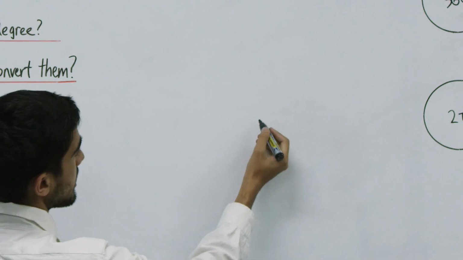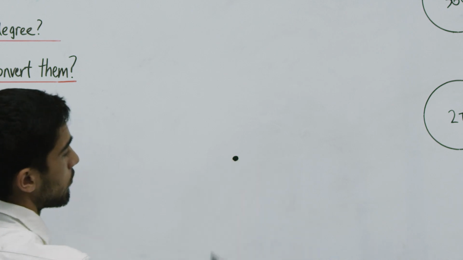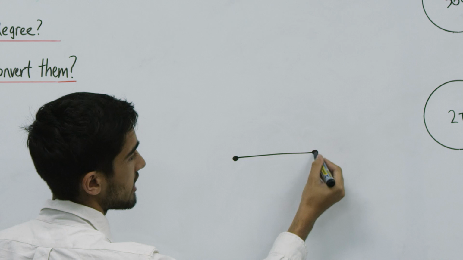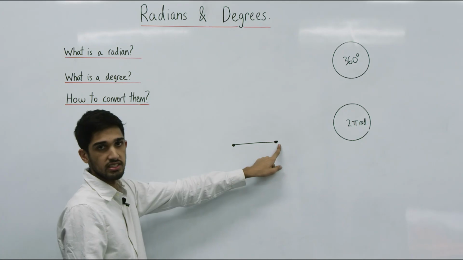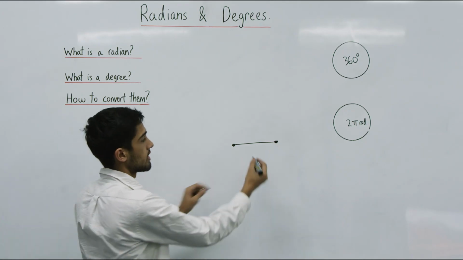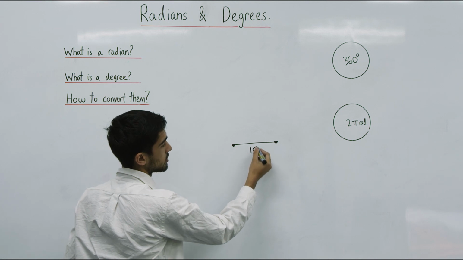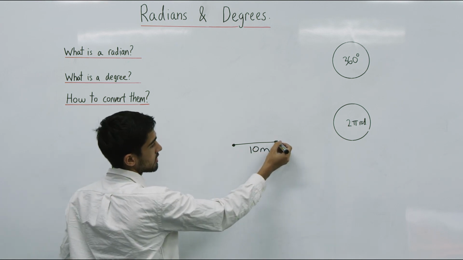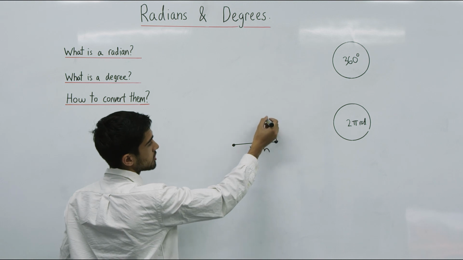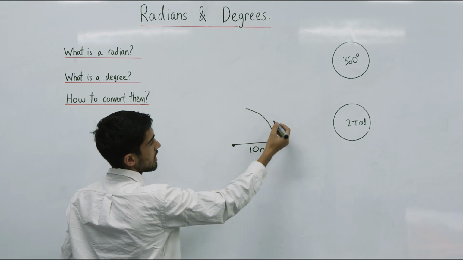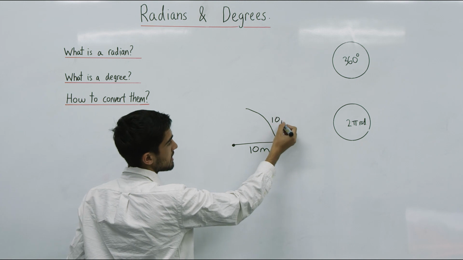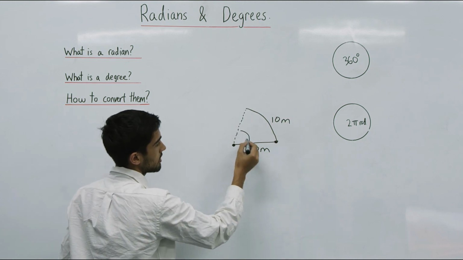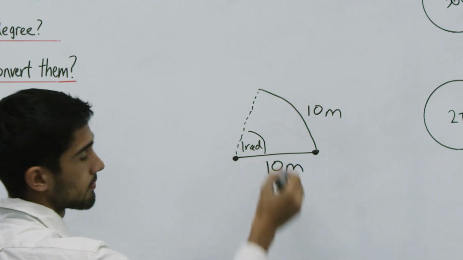To give another example, if I had a rope that is pinned to the ground and I was standing on the outside, extending that rope, and let's say the rope I'm holding is 10 meters long. If I then, whilst keeping the rope tight, walk in a circle around the point, if I were to walk a distance of 10 meters, the angle I would get here would be 1 radian.